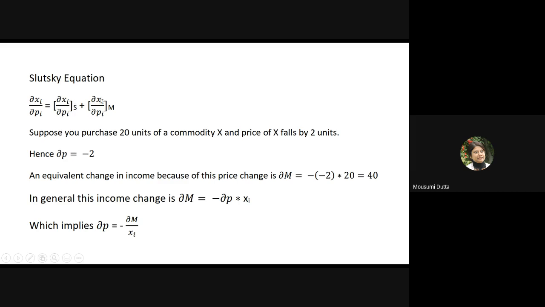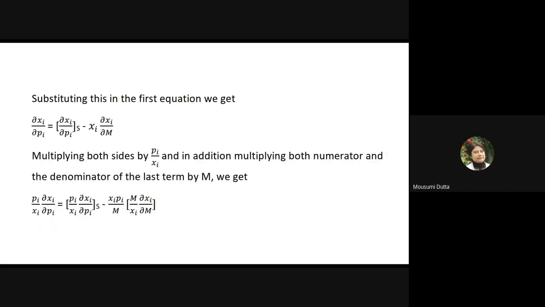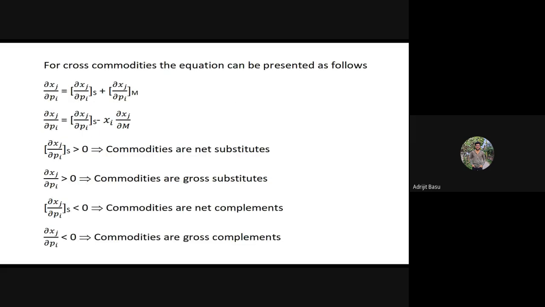I am writing this del xi by del pi to indicate the change in demand only due to change in price. And this part I am writing the change in demand due to change in income, which has occurred due to change in price. Okay, ma'am, now I understand. Change in demand due to change in income is directly there, so the notation is not required. Got it, ma'am. Okay.